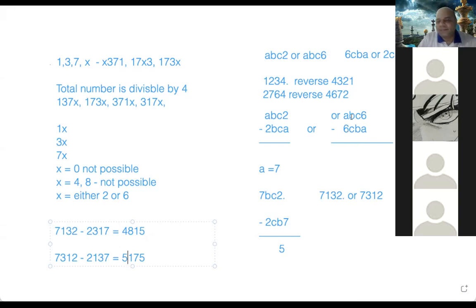It should be 6CBA minus ABC6, in which case it will be this number. Then the last digit is 6 and the first digit is 1. Then it will turn out to be okay. So sometimes you have to be careful even of these question papers. Sometimes they will just give the reverse.